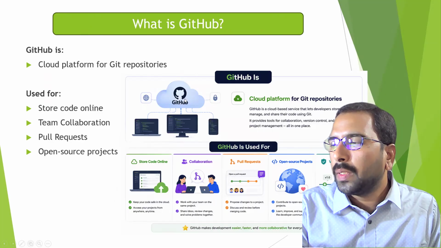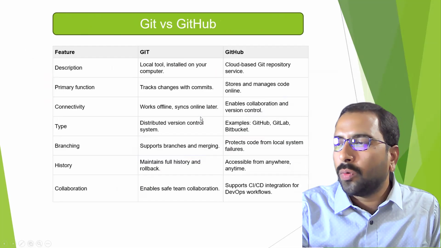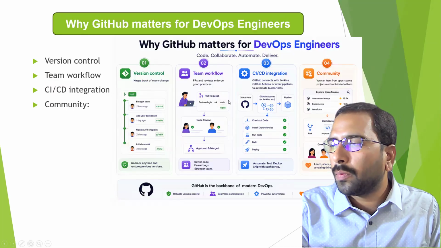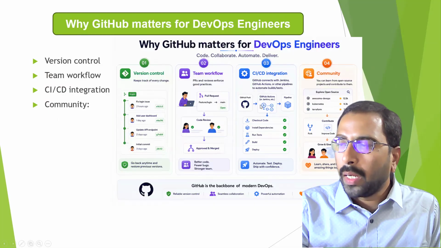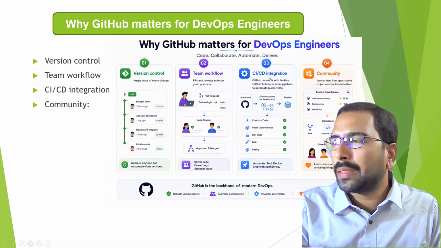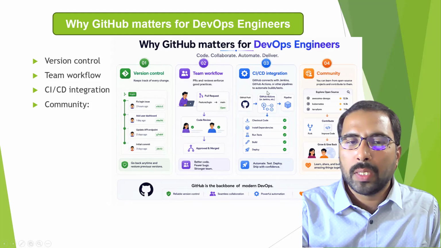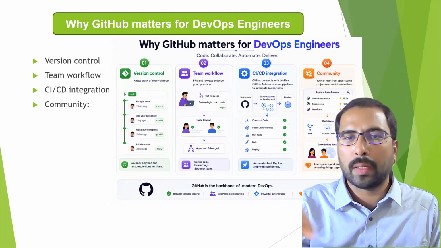From GitHub, CI/CD pipelines will be there. Once a developer develops the code and updates the main branch, what is CI/CD integration going to do? It is going to identify that the developer updated some code in the main branch.